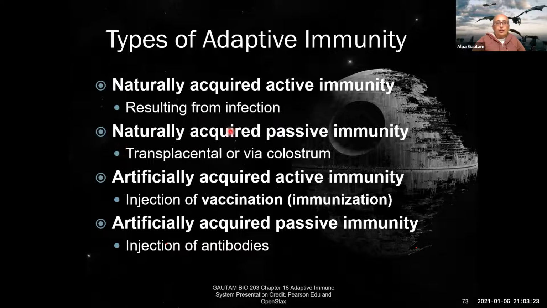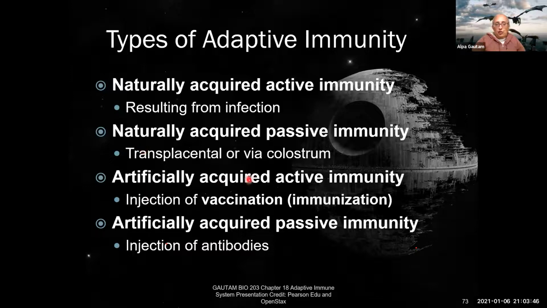You can have naturally acquired passive immunity. This is when you're acquiring the antibodies, either transplacental or via milk. So it's naturally acquired, right? It's not that you've been given it exogenously.